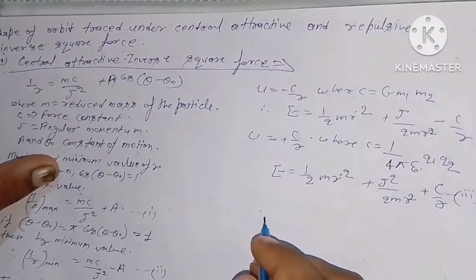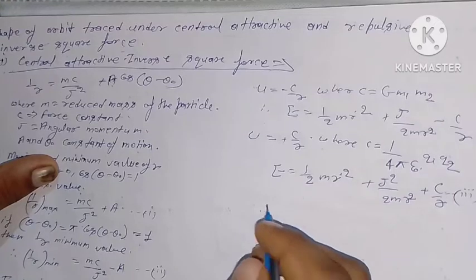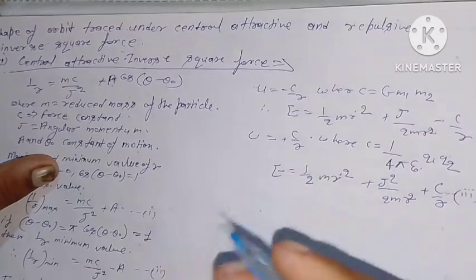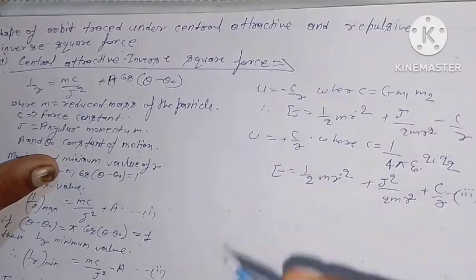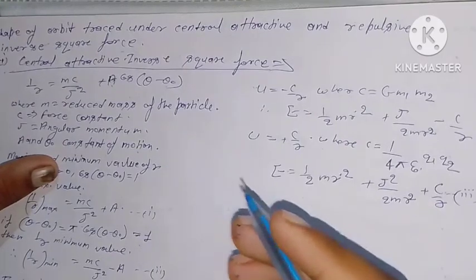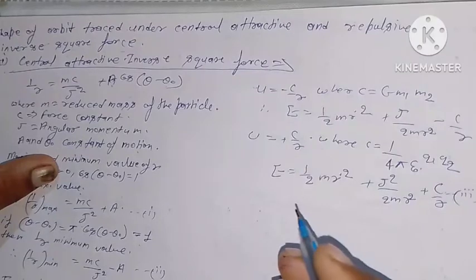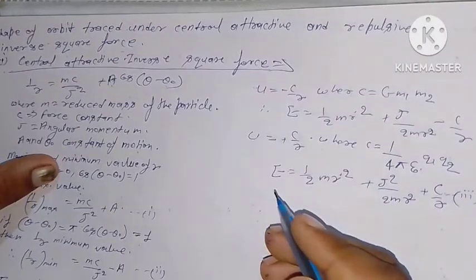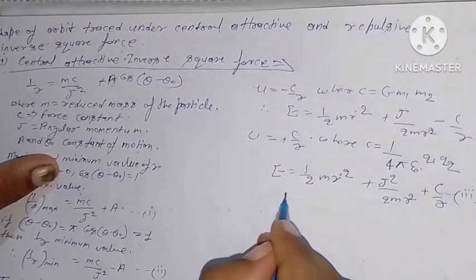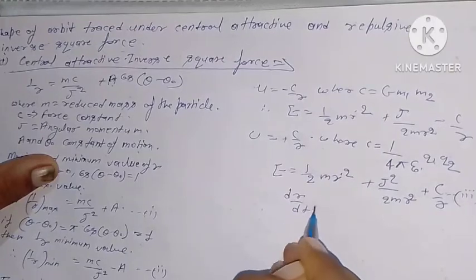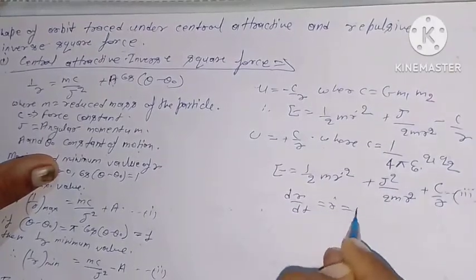Now because E, the total energy, is a constant, we can evaluate it at any convenient point on the orbit. We take the turning point, where r is a maximum or minimum. At this point dr upon dt, that is r dot, equals 0.